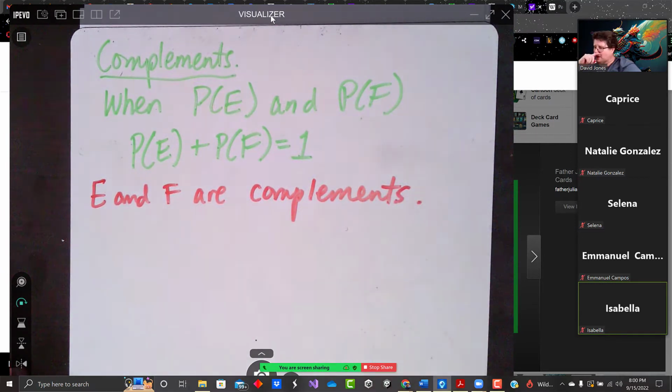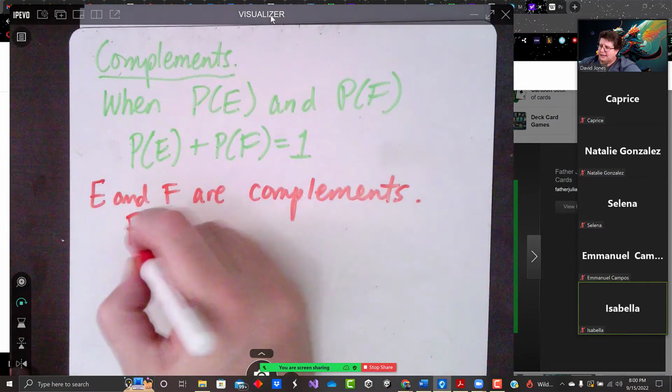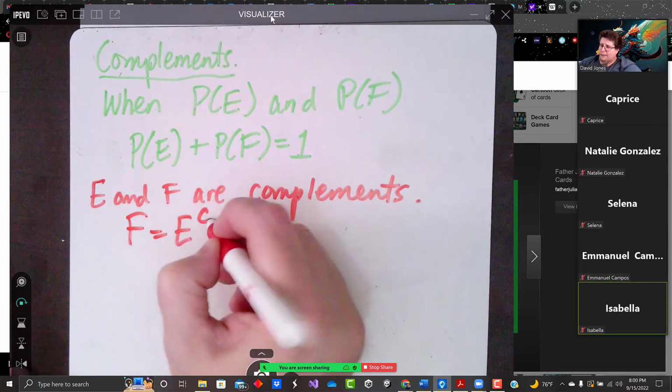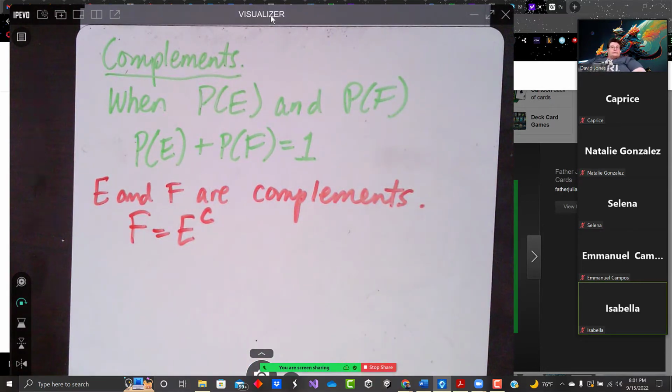And the way we could note it is we can say F is the complement of E by putting a C up above. Complement of E.